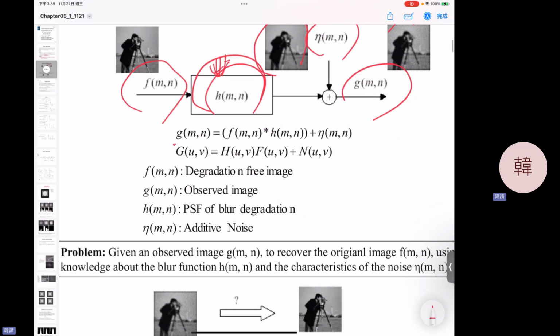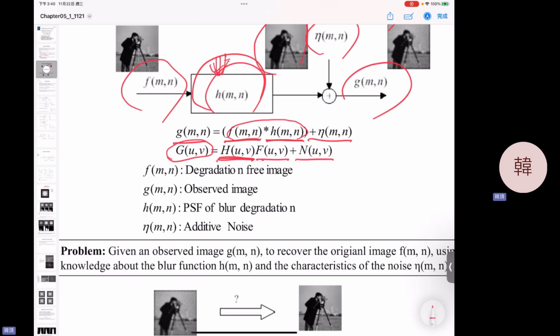So you use a mathematical representation. You can see your original image combined with some degradation model by convolution, okay, in the spatial domain convolution, and then additive noise here. In the frequency domain, you are going to transform because it's linear. So you can see in the frequency domain we have the degradation model as a frequency filter, and the frequency image, add some noise, additive noise.